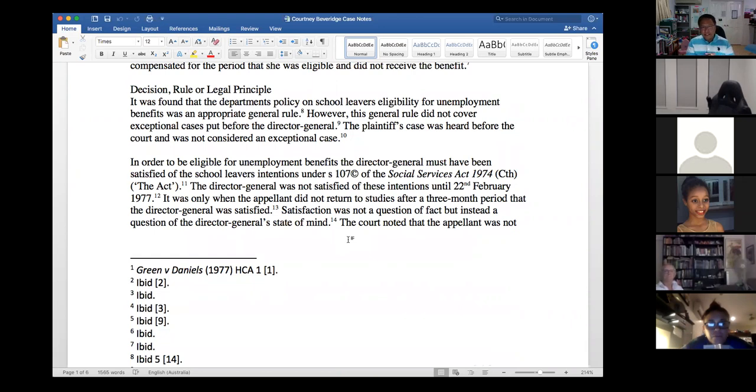That hasn't really been discussed in the rules. So what I have here is just the decision, and the decision was that satisfaction was a question of fact, but instead a question of the Director General's state of mind. Okay, so if that is the case, what's the legal principle there? That's just a statement of the decision.